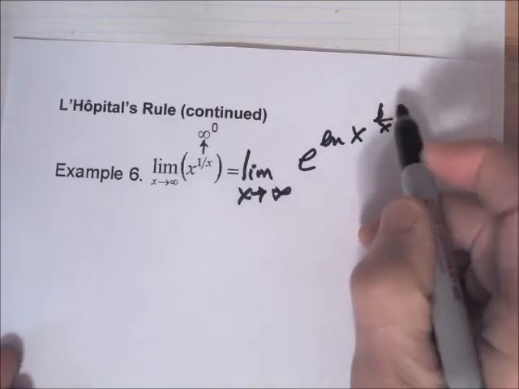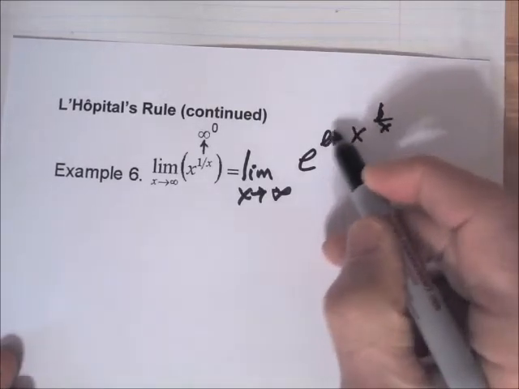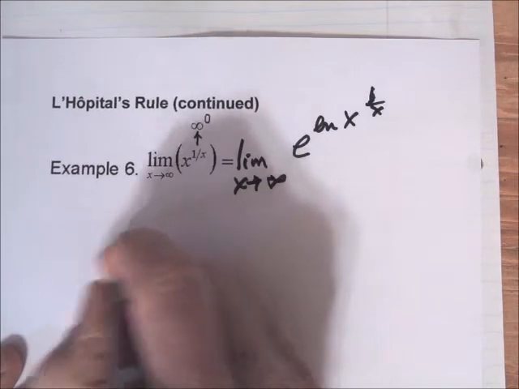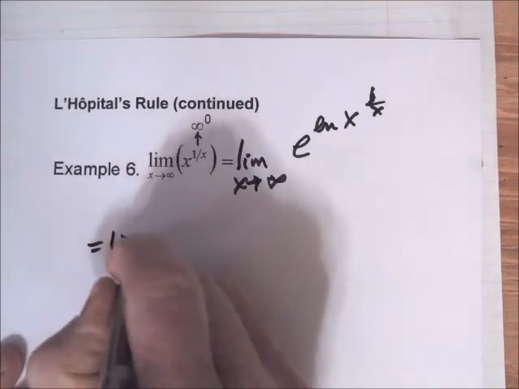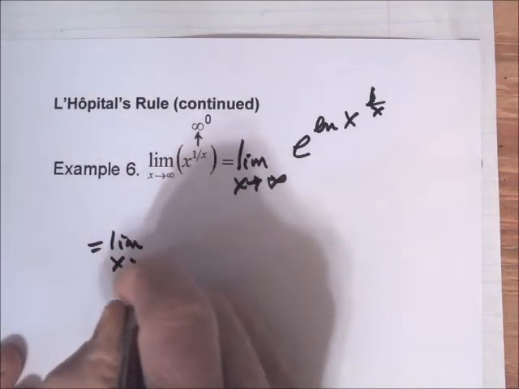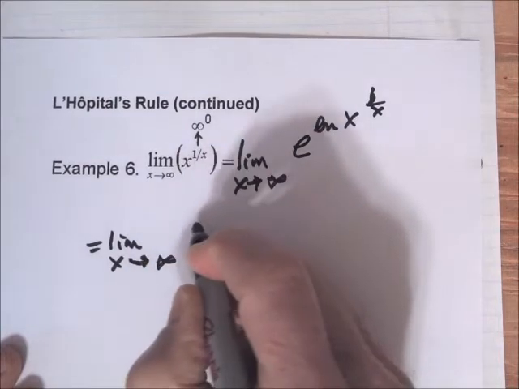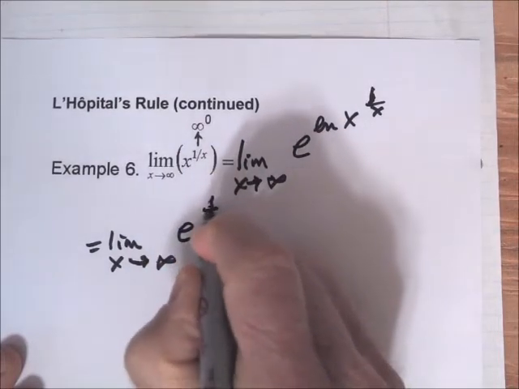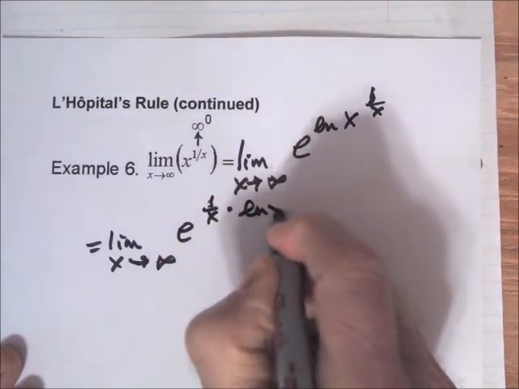And then use the rule for exponents: the exponent can come out in front of the log. So this is the limit as x goes to infinity of e to the 1 over x times ln of x.